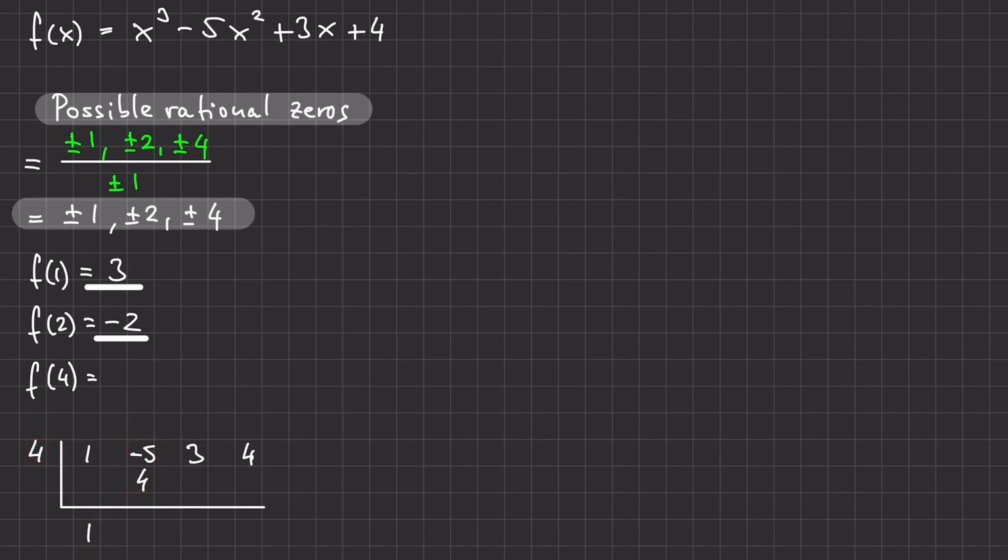Negative 5 plus 4 is negative 1. Negative 1 times 4 is negative 4. 3 minus 4 is negative 1. Negative 1 times 4 is negative 4. And 4 minus 4 is 0. So 4 is a zero of the function.